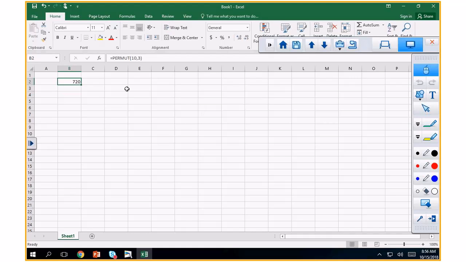I'm going to go ahead and show you combine. Combination is C-O-M-B-I-N. There it is, combine. Parentheses, 10, comma, 3. 120.